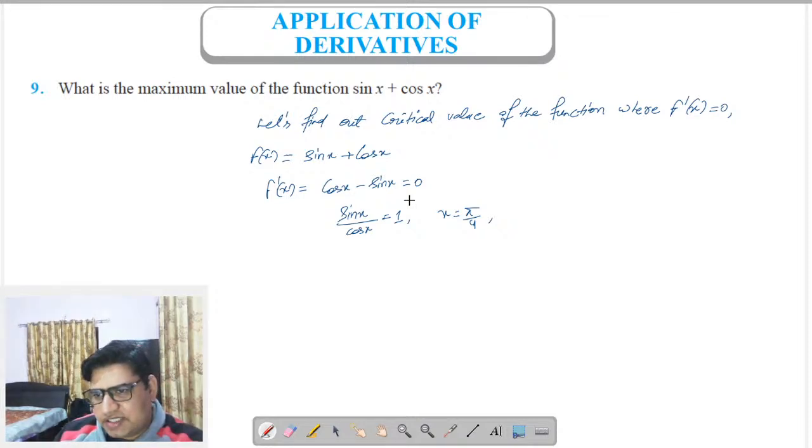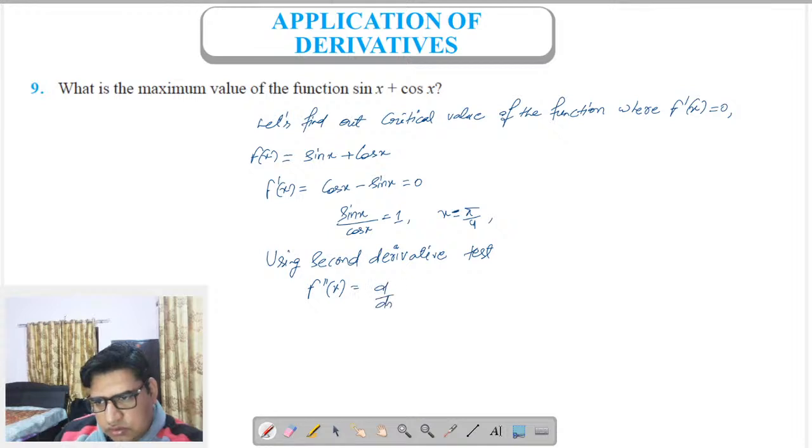Okay, and we'll see whether it is a maximum value or minimum value. So in order to find out whether it is maximum or minimum, we'll use the double derivative test, the second derivative test, okay, and in the second derivative test, f double dash x is equal to d by dx of f dash x.